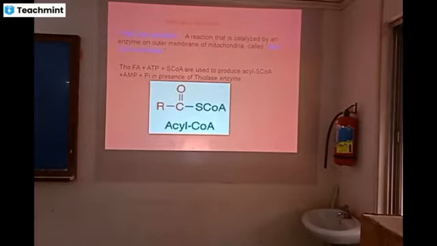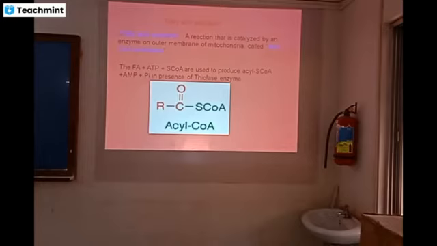This fatty acid activation is a reaction that is catalyzed by an enzyme which is present on the outer membrane of the mitochondria called acyl CoA synthetase. So the fatty acid which is subjected to oxidation reacts with ATP plus coenzyme A to form acyl CoA. So R C double bond O, this red color portion is our fatty acid. Consider it is palmitic acid.